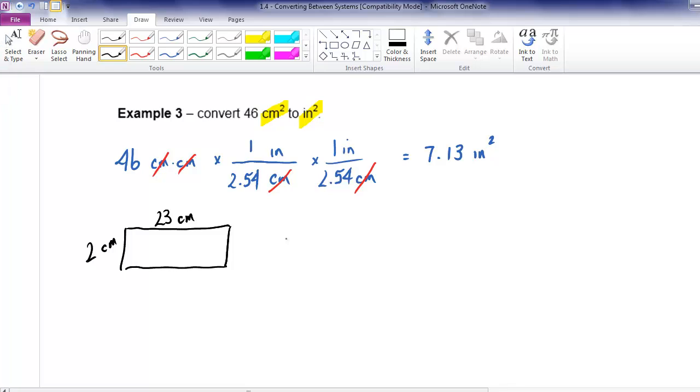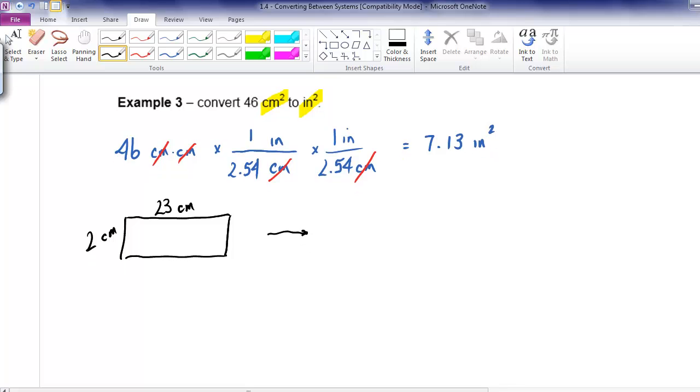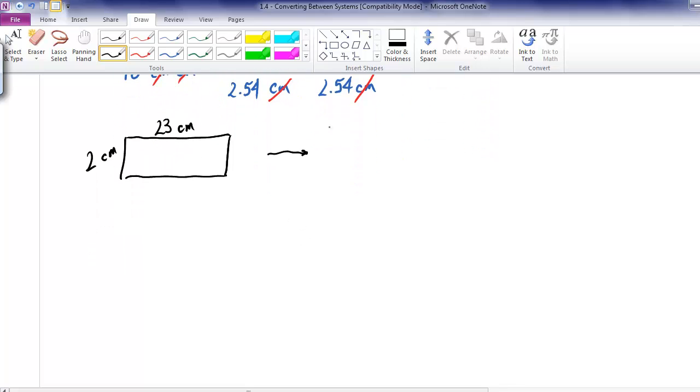What we can then do is convert each of these dimensions to inches and then do the area calculation to get our inches squared. So it would look something like, okay, I'm going to call my L the longest one. We're going to have 23 centimeters, and really what I want to know is, how many inches is that?